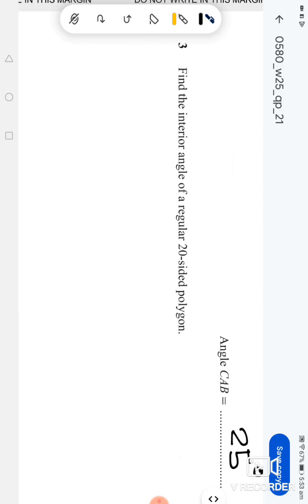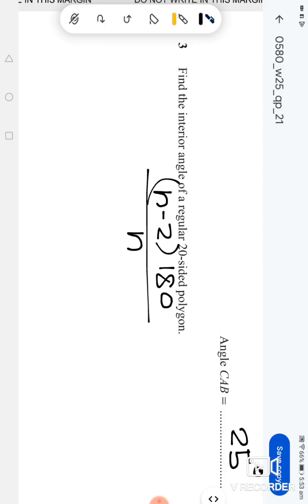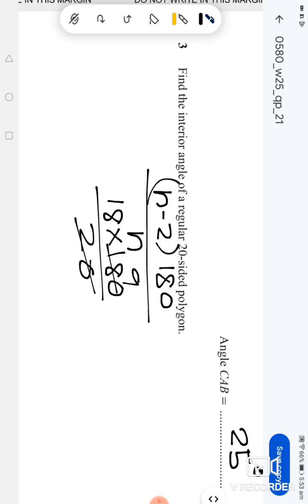Question number 3. Find the interior angle of a regular 20-sided polygon. The formula is n minus 2, times 180, divided by n. n is 20. 20 minus 2 equals 18. 18 multiplied by 180 divided by 20. 20 times 9 equals 180.